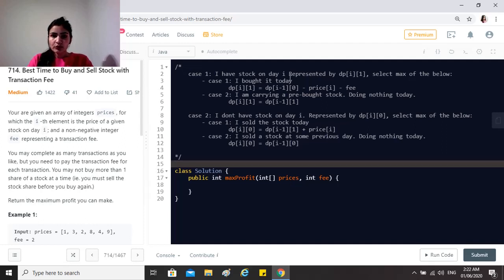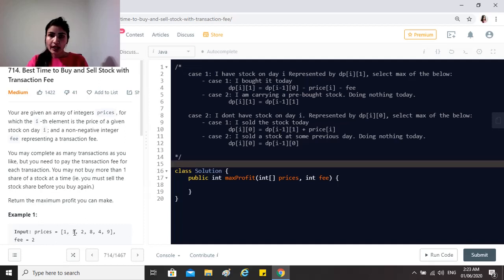Now to fill up those values, if I have a stock on a particular day, then there are only two possibilities. Either I bought it today, or I'm carrying a pre-bought stock, so I didn't do anything. For example, if I am at 3, I purchased the stock at 1.